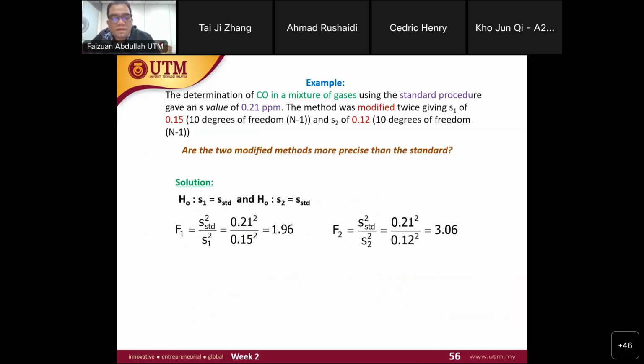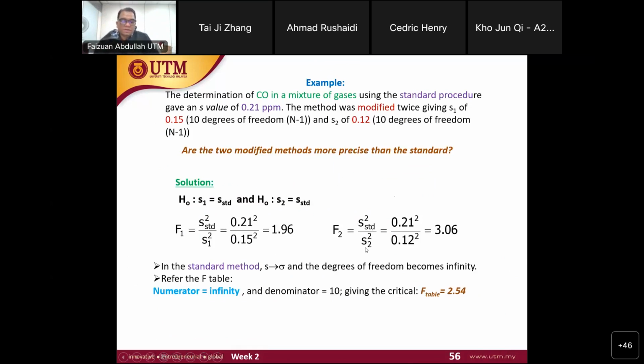Then S standard squared divided by S1 squared, we got 1.96. And F2, the variance of standard divided by the variance of S2, we got 3.06.